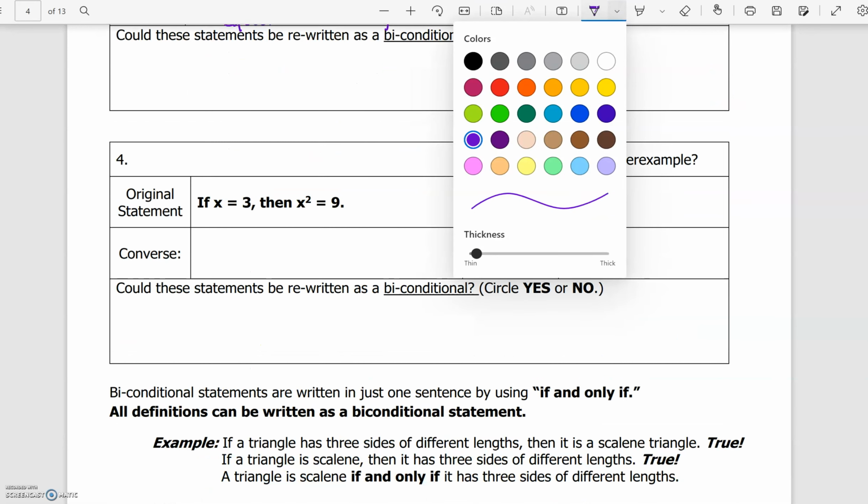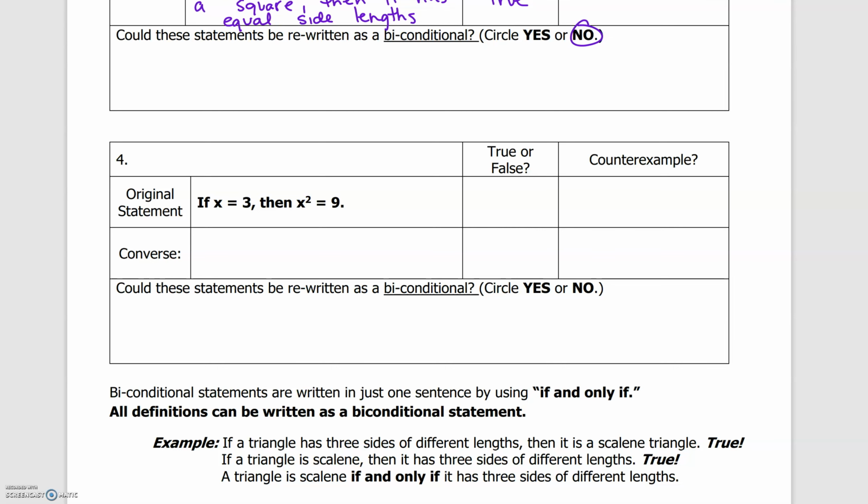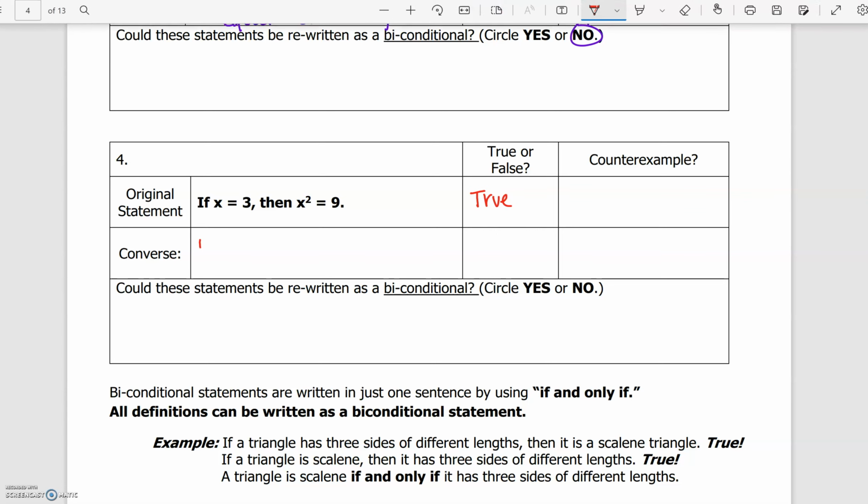So our next statement here, if x equals 3, then x squared is 9. So that would be true, since when we square 3, we get 9. Okay, so if x squared equals 9, then x must equal 3.